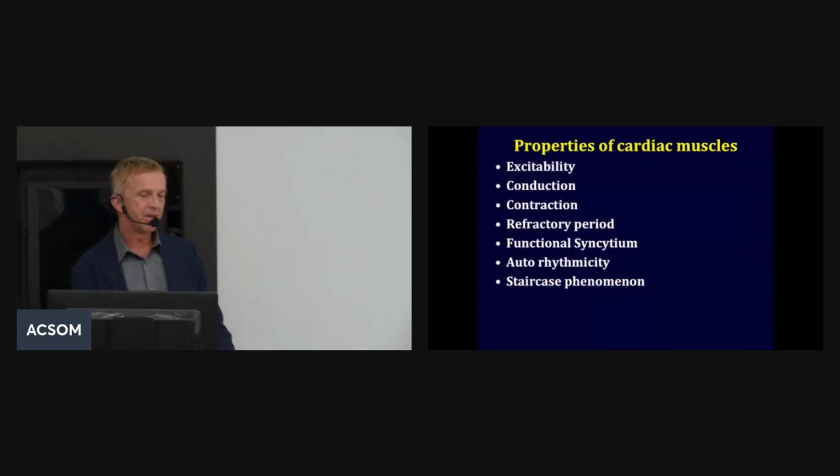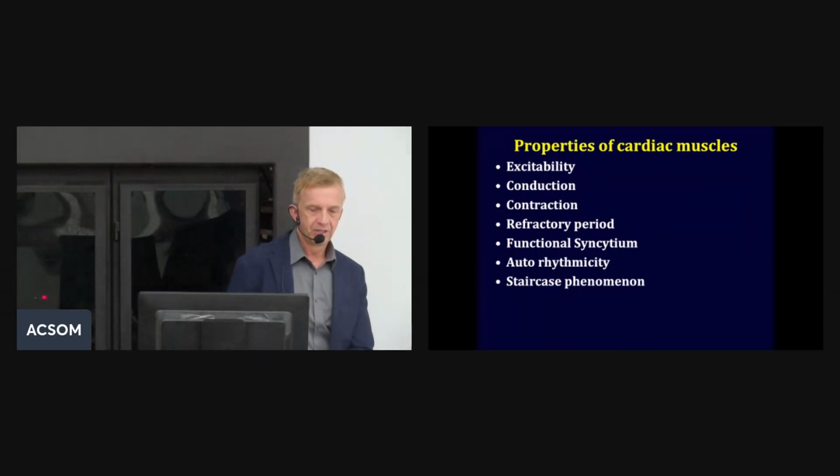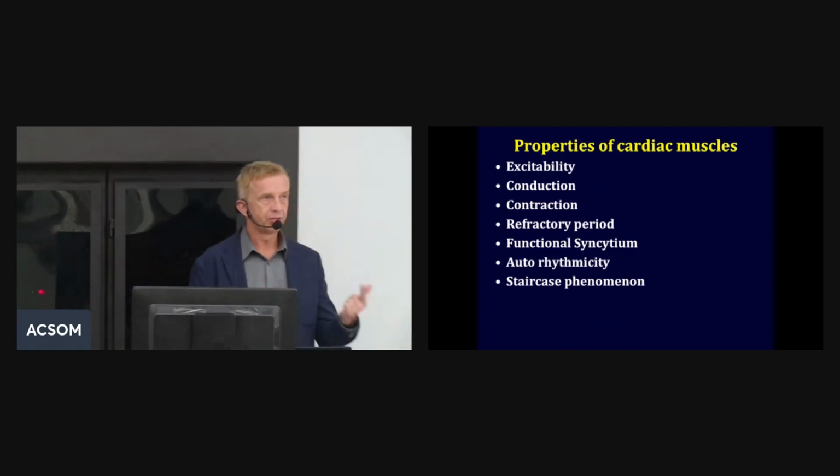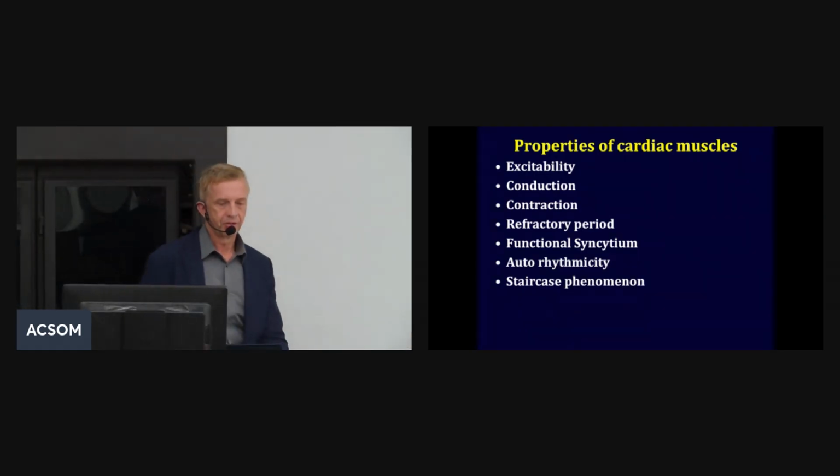So these are the major properties of cardiac muscle. Excitability, we talked about it yesterday, right? Being able to generate the electrical impulse. Conduction system to conduct the electrical impulse through the myocardium. Contraction, which is the mechanical activity of the heart; we talked about it yesterday and we'll talk about it today also.